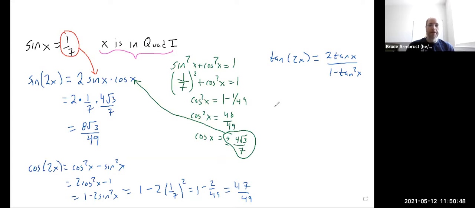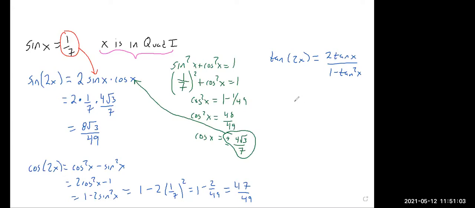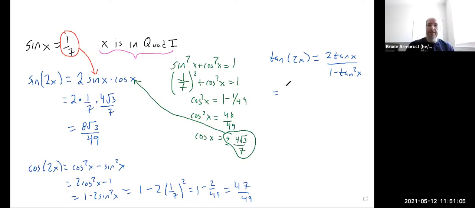That's too much work. What do you think I'm going to do here? What does this lazy mathematician see that's going to be faster than trying to develop tangent of x? Sine over cosine? Yeah. I know that this is also the same as sine of 2x over cosine of 2x. Right? That's from the quotient identity.